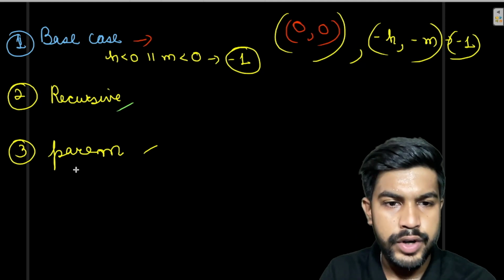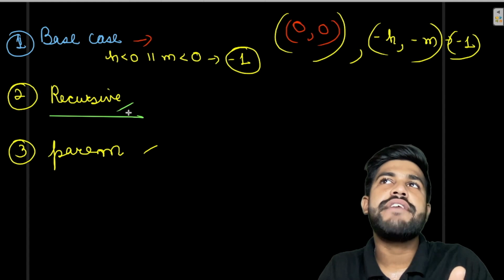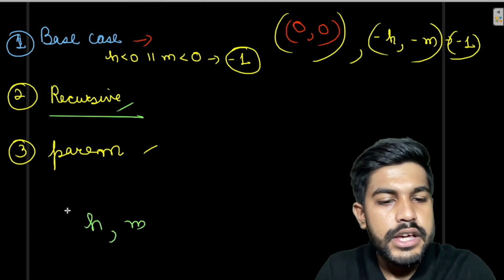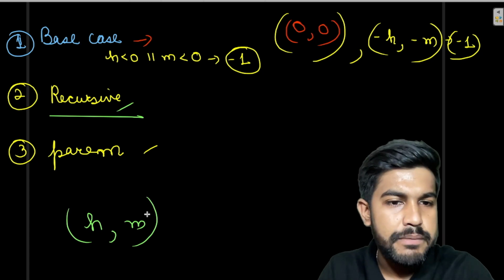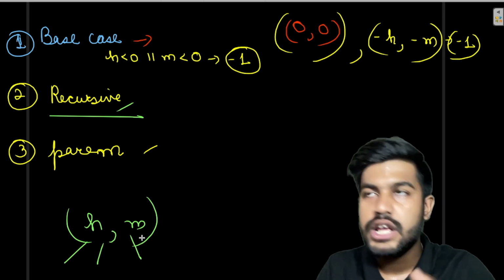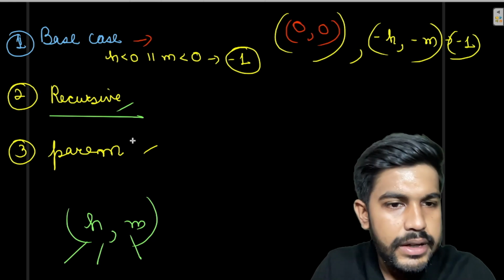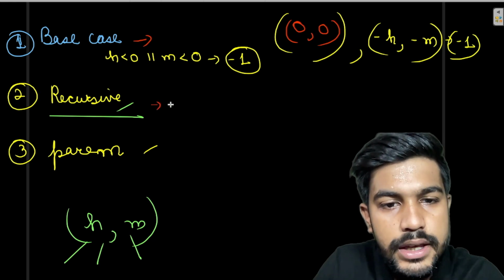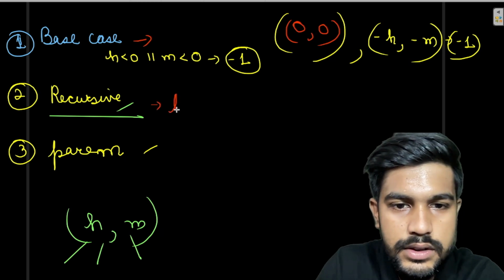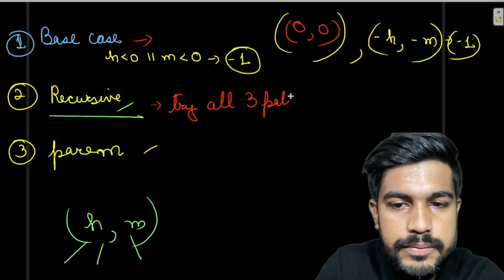Now comes the recursive part. How would we move forward? Suppose we are at the current level 5 and I want to reach level 6, and we have some values of h and m. The probable condition is that we can go in all 3 possible directions: we would take the first path, the second path, or the third path. So the first recursive step would be to try all 3 paths.